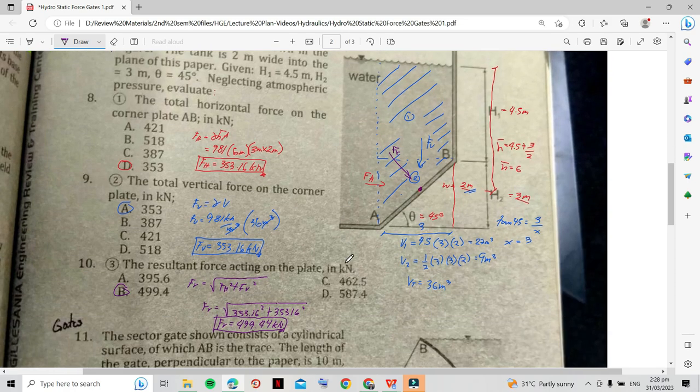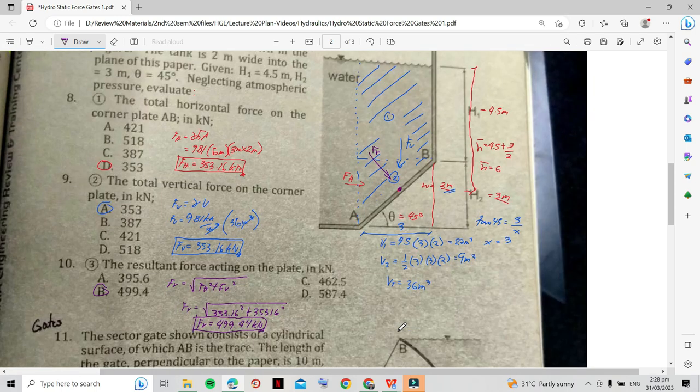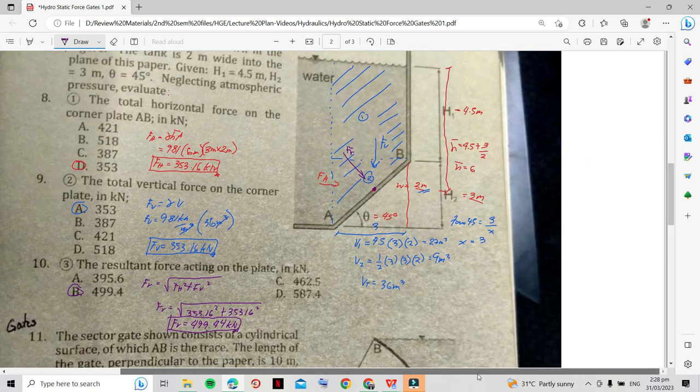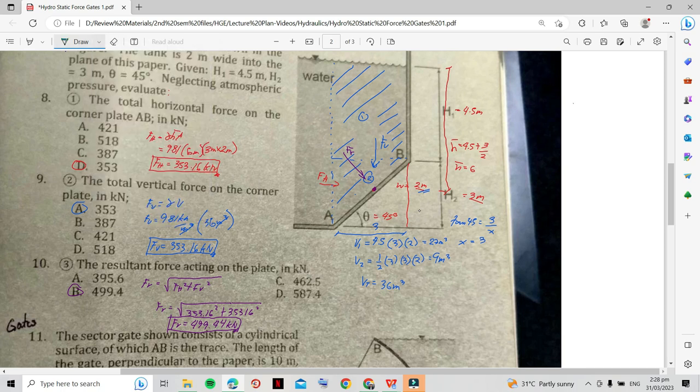There is another way of solving this, using the textbook style solution. I'm just going to write here how she solved it. First she solved the resultant force right away. The resultant force is equal to gamma h bar A, but the area here is different.